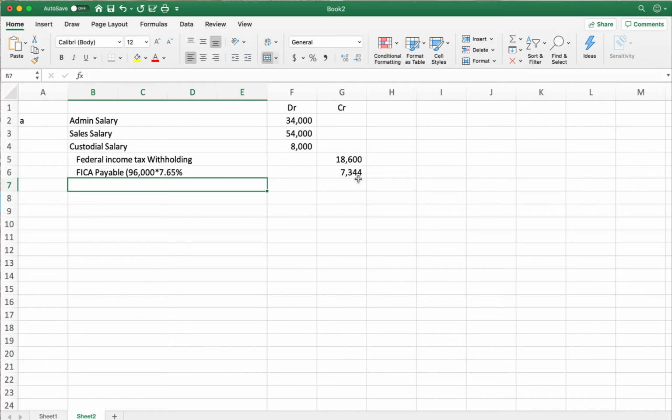So that portion right there, that's the FICA that your employer withheld from your salary.